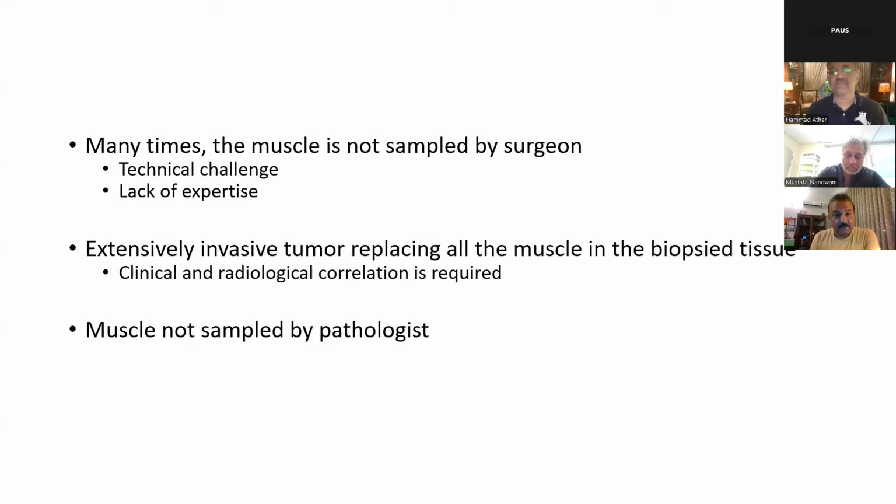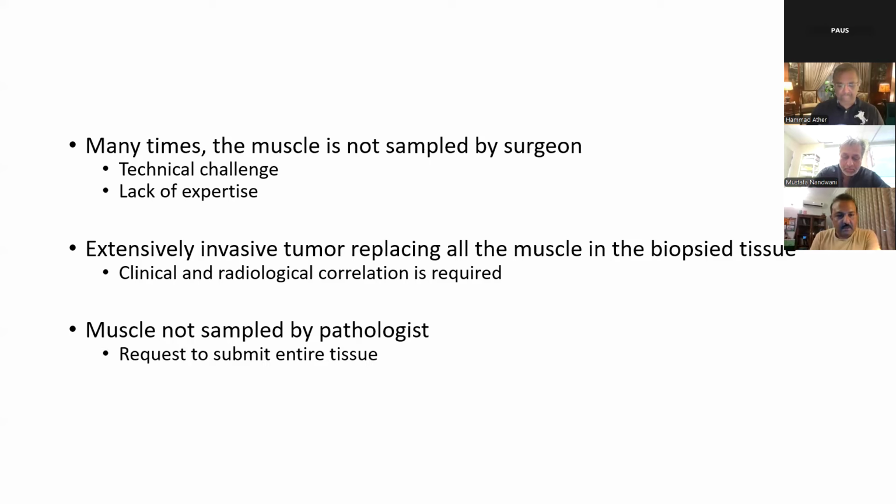Sometimes the pathologist doesn't sample the muscle that was sent by the urologist, because the pathologist didn't follow the protocols. They are supposed to submit the entire tissue, but some labs, like small private labs, try to save money and make only a few blocks, and the muscle may be left in the specimen container.